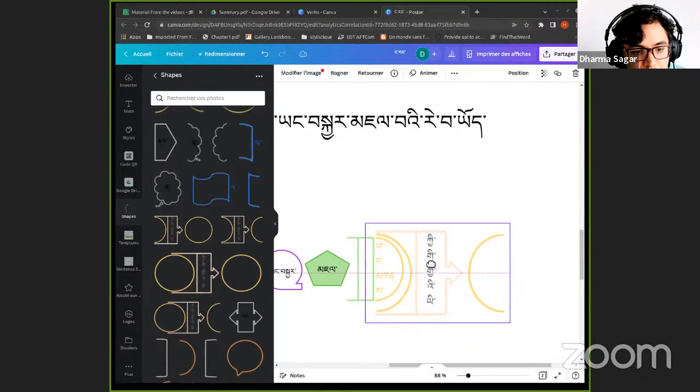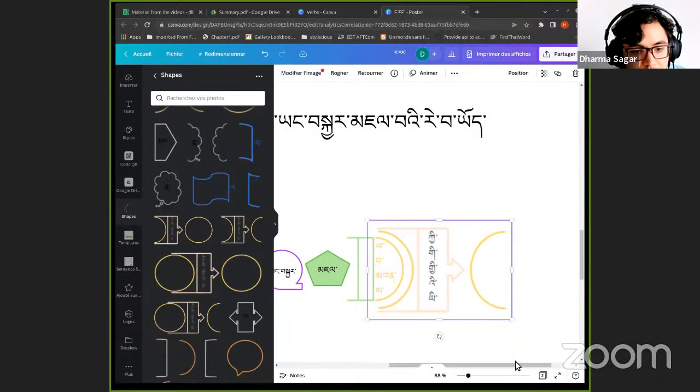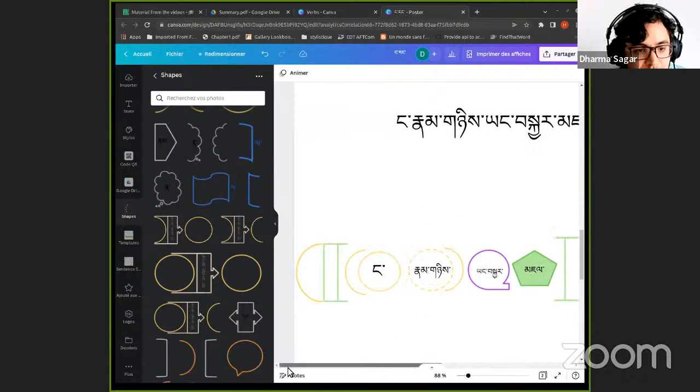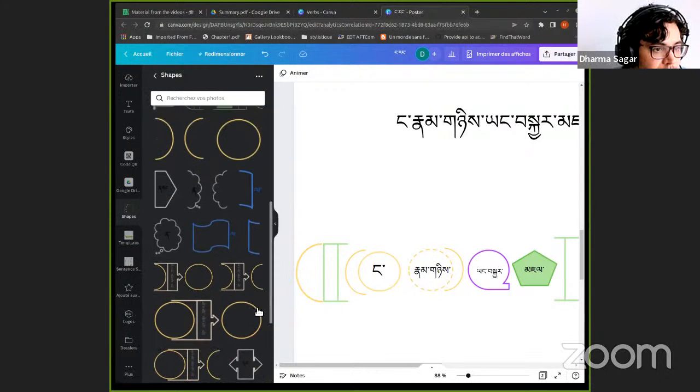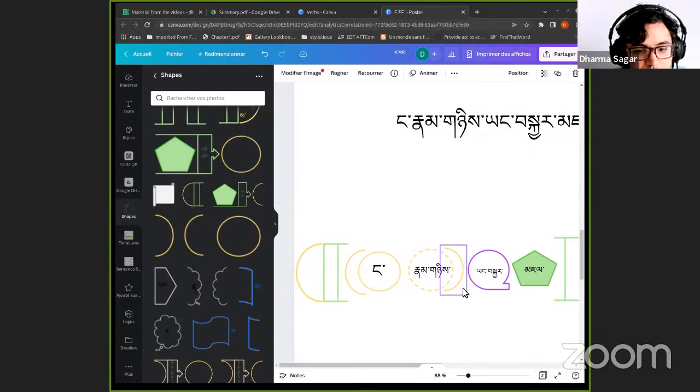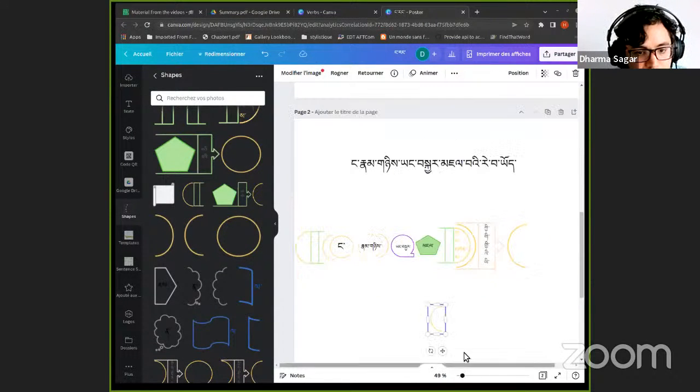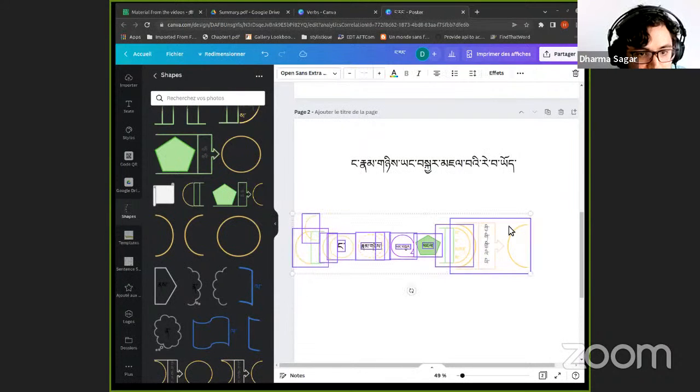Okay. And on the other side, I will also close it so that it looks like a noun. Where is the closing? Yes, here. So now I don't know where this is. Okay, here. So I still need to make it smaller because we have too many things now.